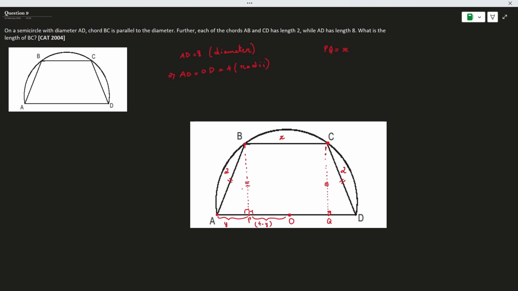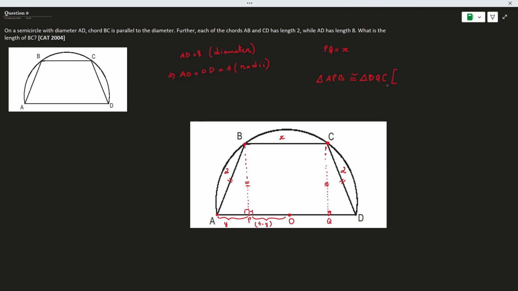Okay, so in these two triangles I can say they are congruent to each other. Triangle APB is congruent to triangle DQC.